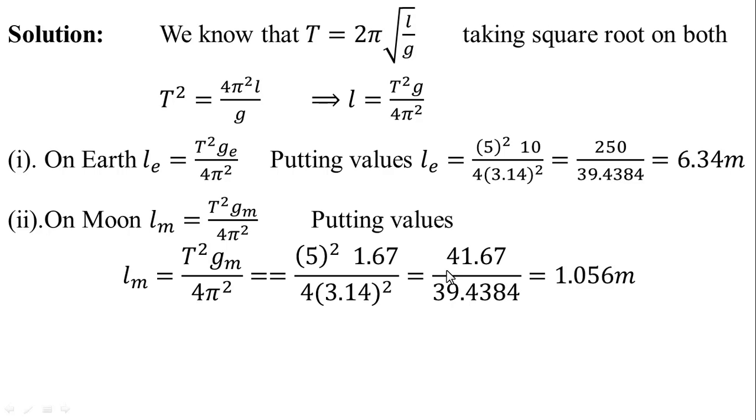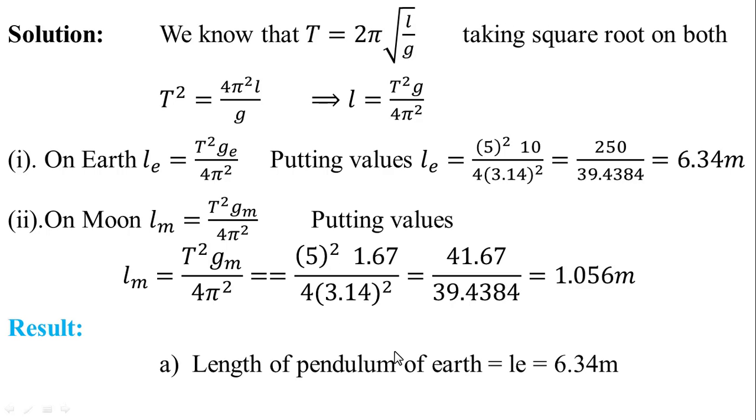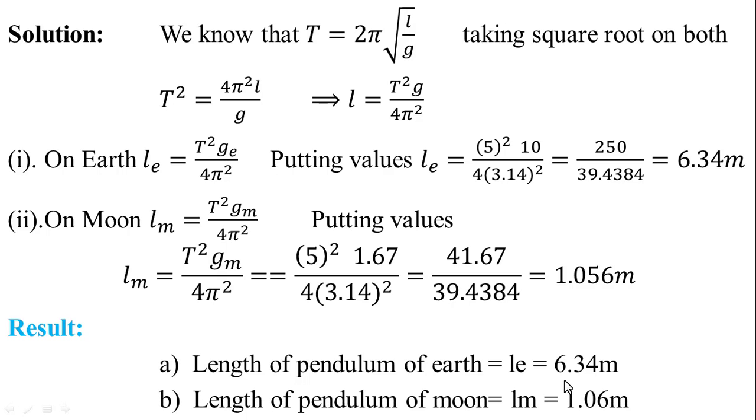That is equal to 41.67 divided by 39.4384, which is equal to 1.056. So the result is that length of pendulum on earth is equal to 6.34 and length of pendulum on moon is equal to 1.06 meter.